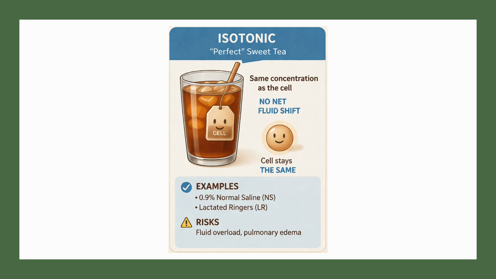We would give isotonic solutions to those types of patients. But we do want to be careful because we can still give too much volume. With that volume, we might create fluid overload or even pulmonary edema, which is swelling within the lungs, if we give too much fluid too quickly. So we just want to be very careful on how fast we administer any sort of isotonic solution.